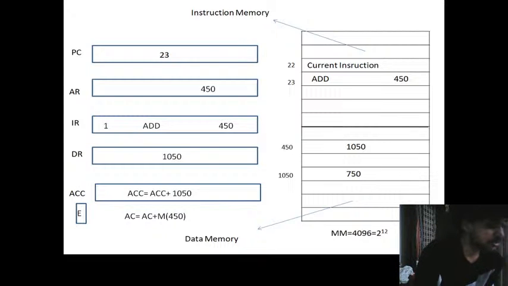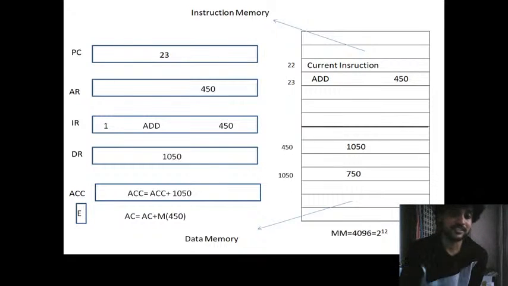Data register must also have an extended part? No, the result will always be within the accumulator. The data register doesn't have an extended value. Why doesn't it require one? Because all the time the result will get stored in the accumulator. Finally, the register which holds the result needs to have an extended register.